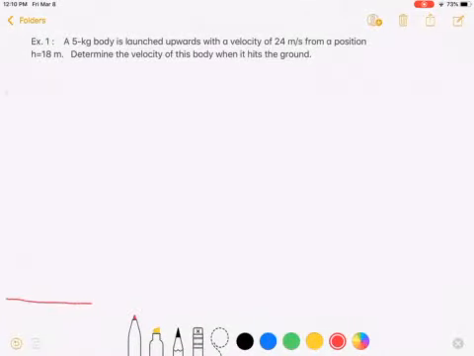So I have my ground position, y initial is equal to 0 meters. 18 meters above the ground, I'm going to change this to y initial because our object starts at 18 meters above the ground. It's going to end at a final y of 0.